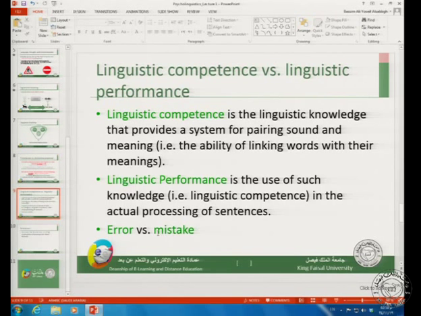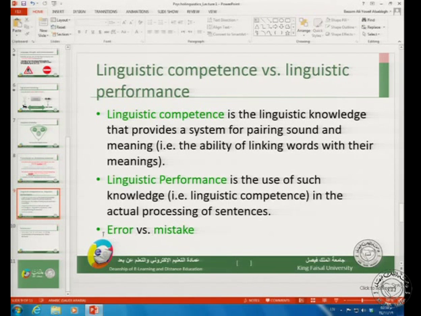The other type of misuse of language is called errors because it involves lack of knowledge. Sometimes you make a mistake, not because you know how to produce the sentence, but in one way or another you produced it in a wrong way. You made the error.